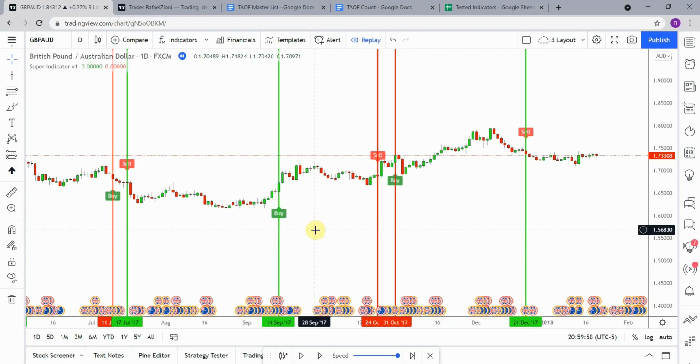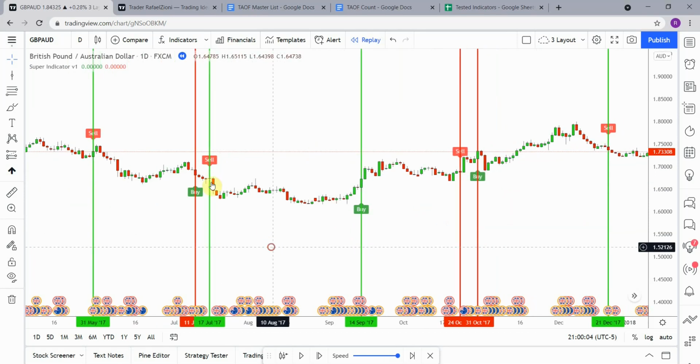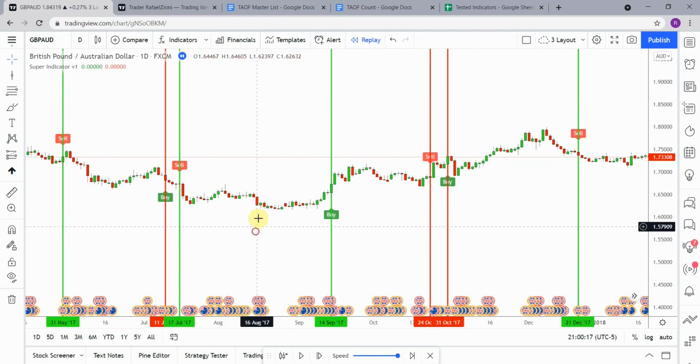I do notice that it seems to throw some signals in some very strange times, and so that might become a problem during specific times when price action moves in a specific way, if that makes any sense. Typically, this is something that you would want to watch out for.